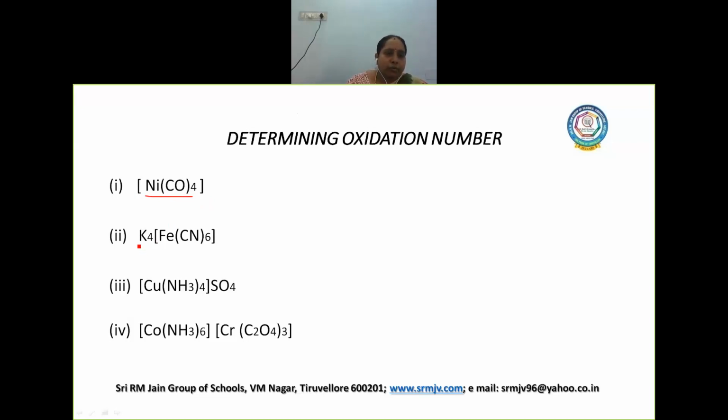In the second case, a cation is present and then the complex is also present. As the cation is present in front, this complex will be the negative complex. And here the sphere is on the left side and the anion is on the right side, so the sphere is getting a positive charge. And here we have two complexes.